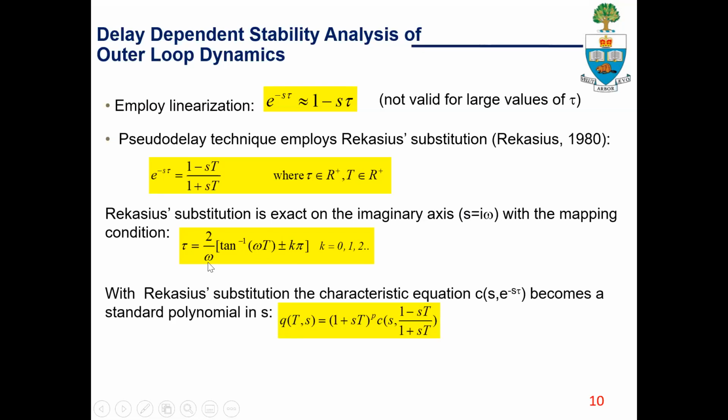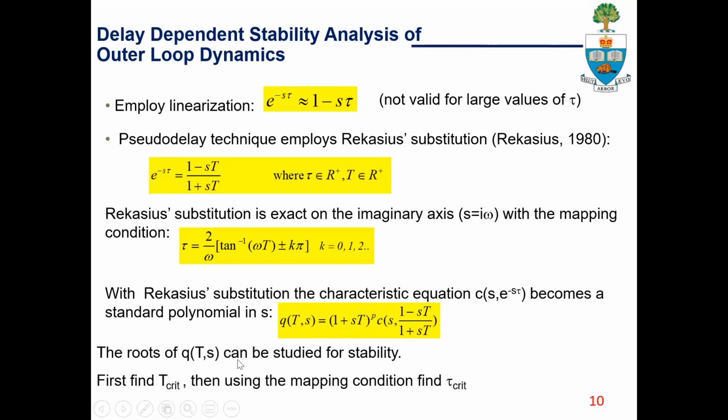So with this recursive substitution, without any approximation or linearization, we can convert the characteristic equation into a standard polynomial in Q. We can study the roots of Q for stability, and when we find the Q critical, which crosses the imaginary axis, we can then use the mapping condition to find the critical time delay that destabilizes the entire system.